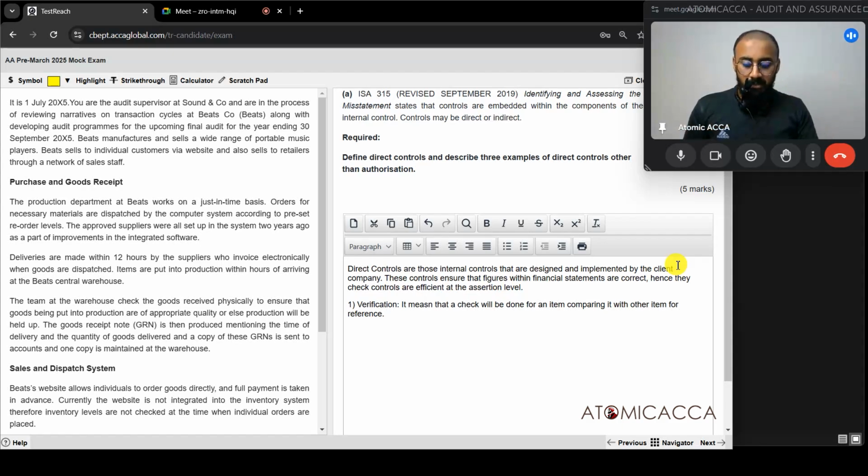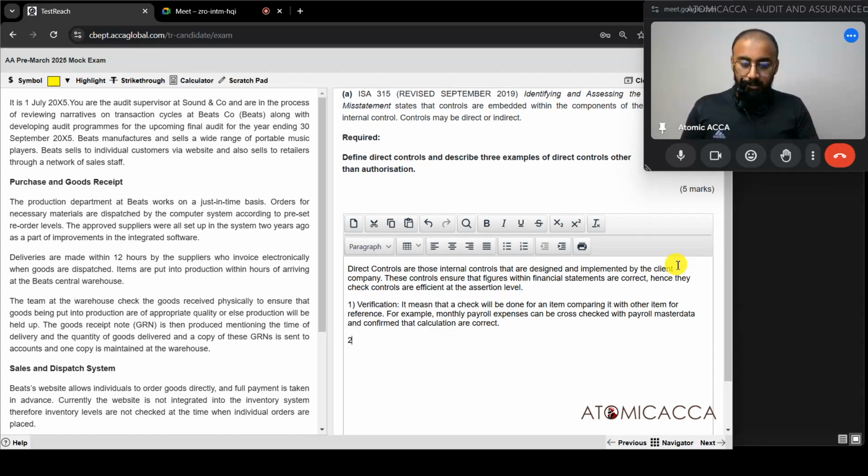You can give that as an example: monthly payroll expenses can be cross-checked with payroll master data to confirm that calculations are correct. So this is called verification.